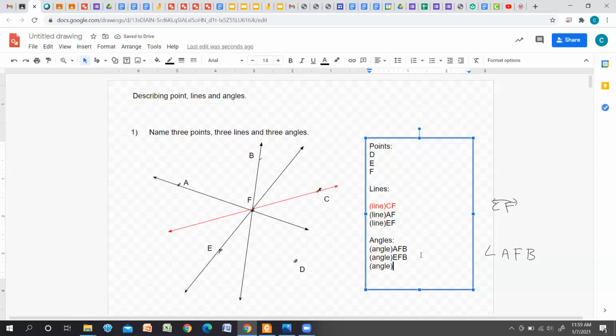And if you pick most of the letters, you'll get one of them. Let's do this big angle here. We start as AF, so now we'll do AFC. Actually, let's do EFB, because we already used either one. We can write a big angle, EFB. Wait, that's what we just did. So this is EFB, and we could do EFC.